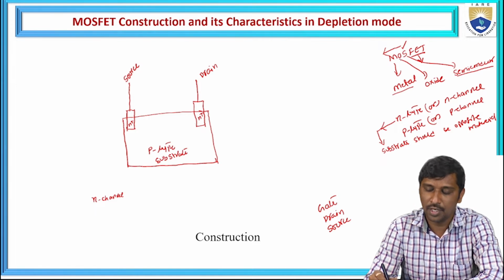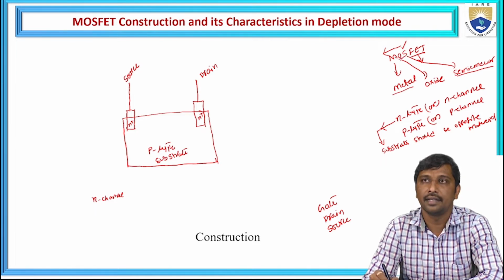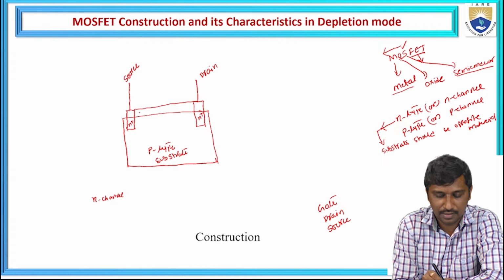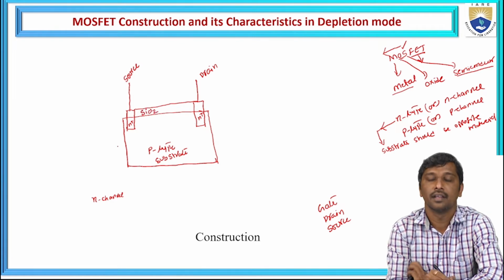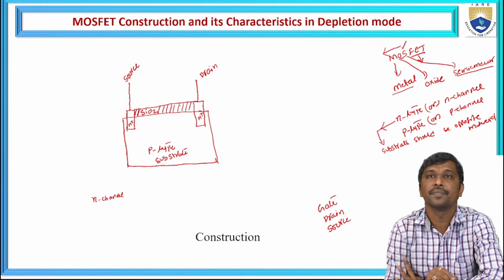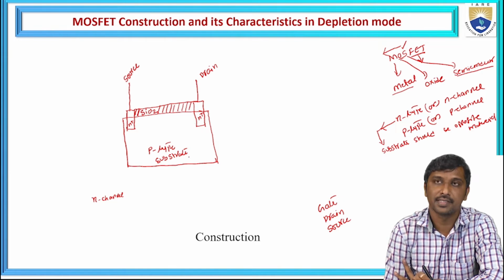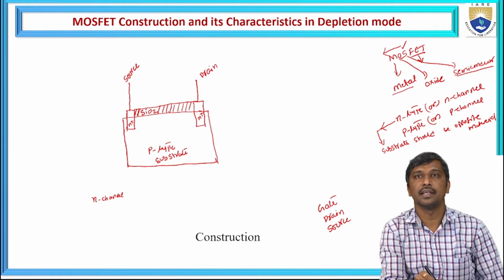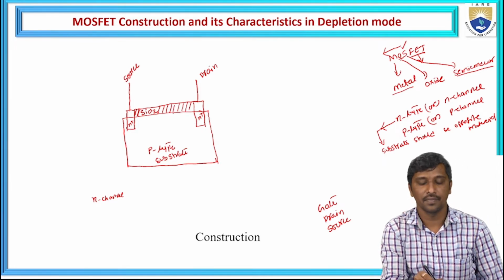Hence, we insert a dielectric media that acts as an insulator, represented as silicon dioxide, SiO2. This silicon dioxide acts as the insulating media. So this is the semiconductor or substrate, and then we place the oxide, represented as silicon dioxide.